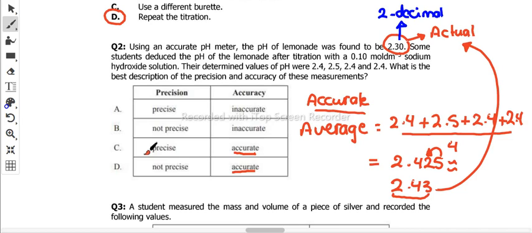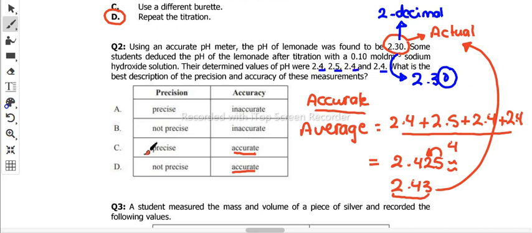So the inexact number here is actually the 0. So I have 2.30. The inexact number is my 0. If I look at the values given from the pH meter, which was used inside the lab, I'm going to find that I have only one decimal place given. So the inexact number is in the first decimal place.